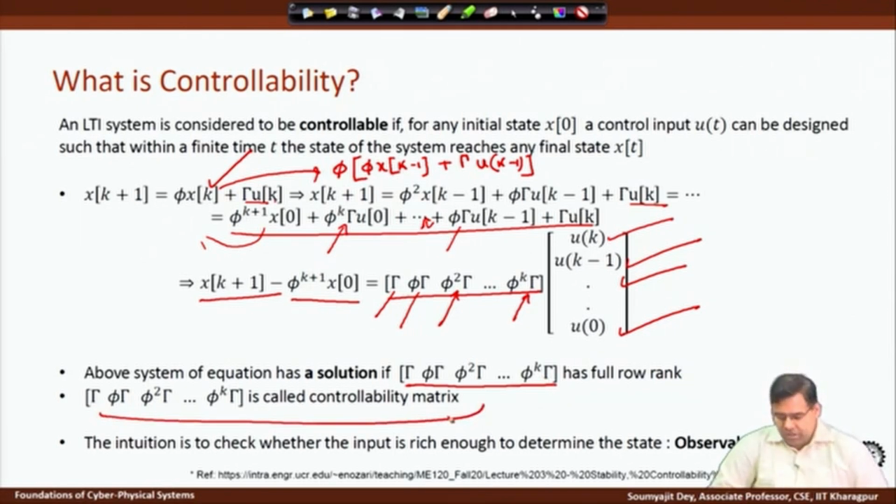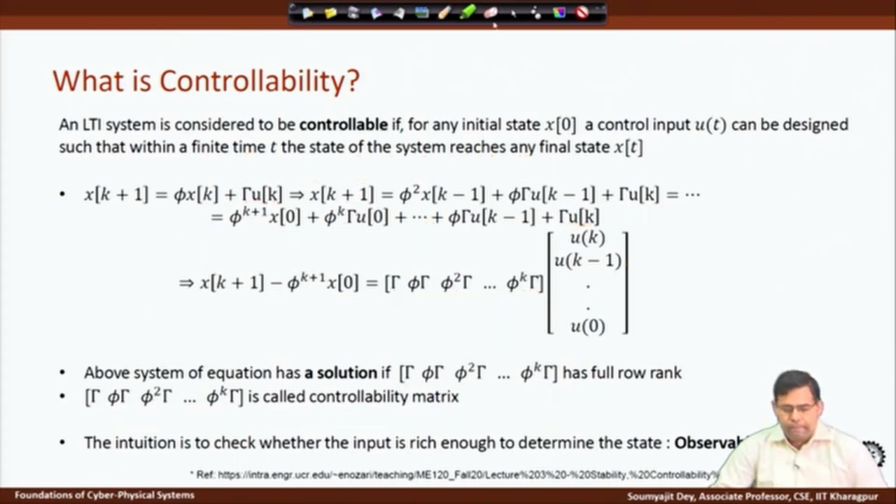So, the idea is that if you can check controllability and you see that the matrix has full rank, then these u k's actually exist, and otherwise this system of equations becomes trivial, and it is futile to go about designing the control inputs in that case.